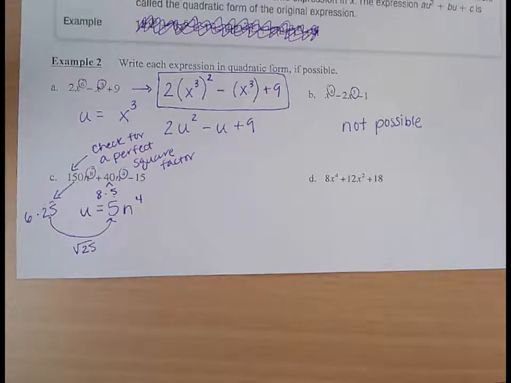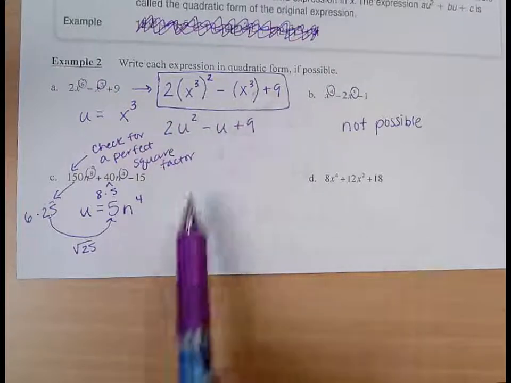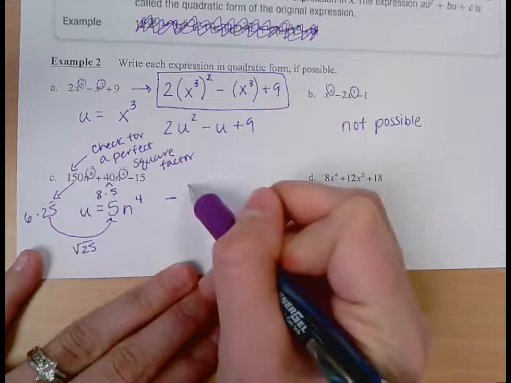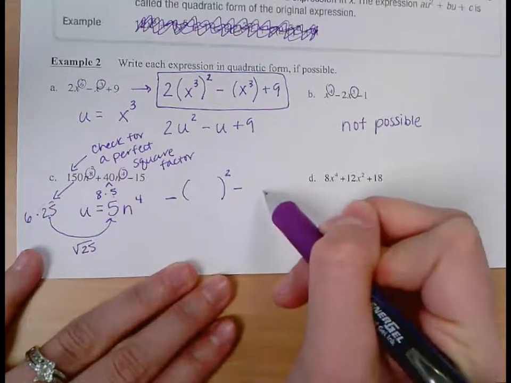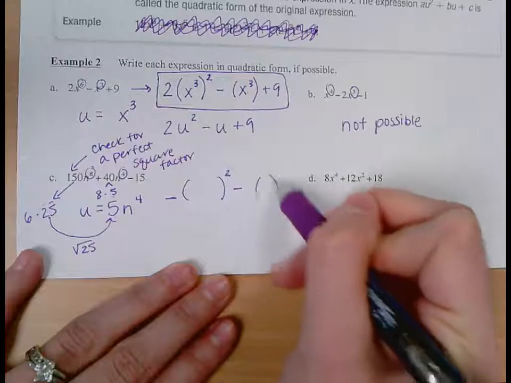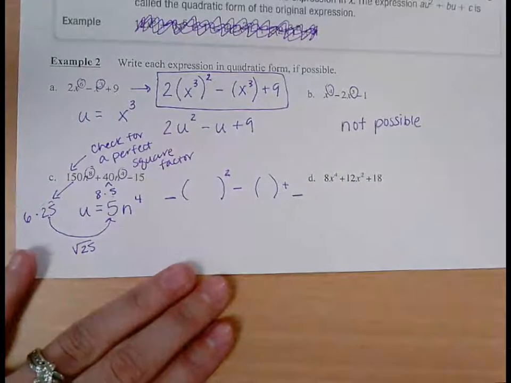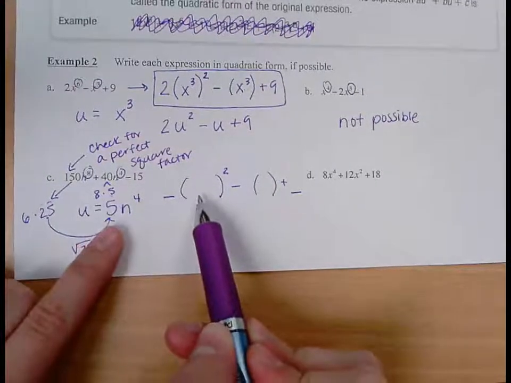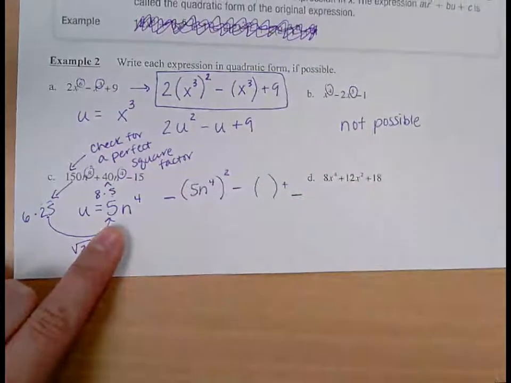So here's what the quadratic form is going to look like. It's going to look very similar to this one up here. I'm going to kind of write the base. I know I'm going to have some number times a quantity squared minus possibly some number times a quantity plus my constant, which in this case is minus 15. Okay, so here I'm going to fill in what I have. I know inside my quantity squared is the 5n to the 4th, is my u.